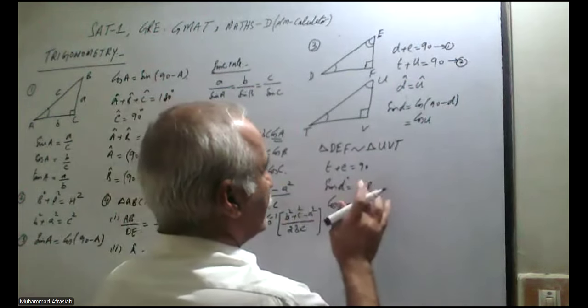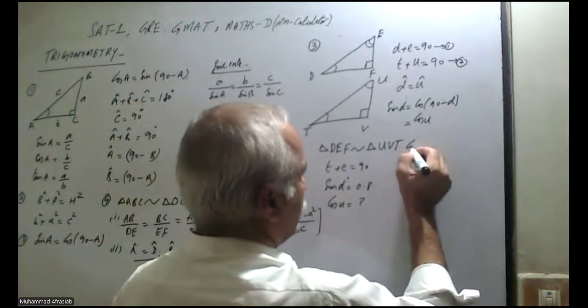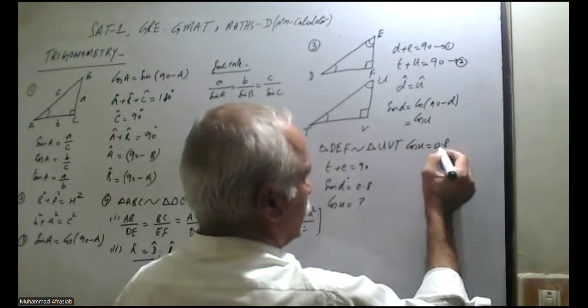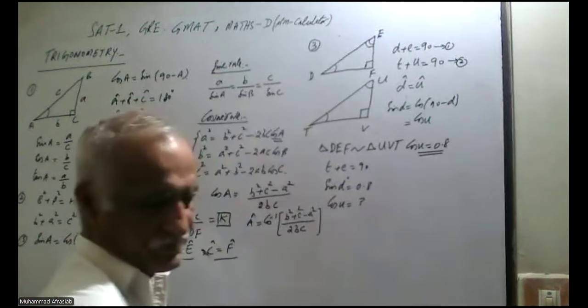And since the sine D value is 0.8, so the cos of U value is also equal to 0.8.